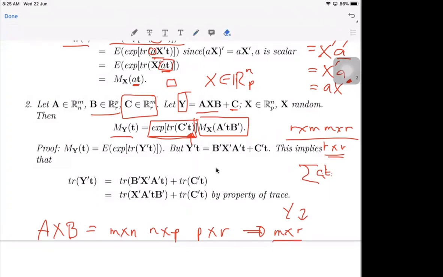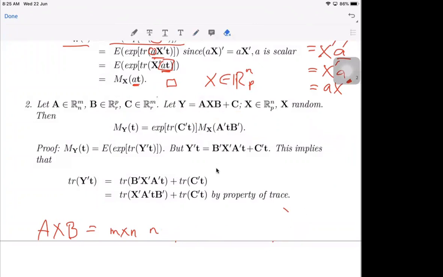So let's proceed with how to show this. We start with the moment generating function of Y. By definition, you can write it in this form. Let us look at this term here, Y prime t.